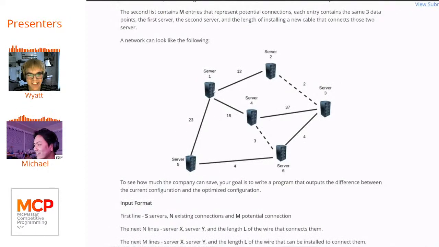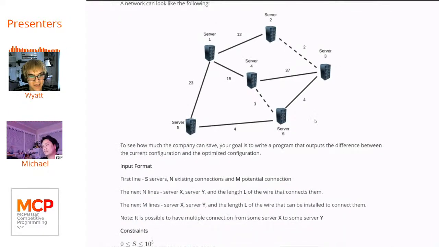Everything's connected, and we have this cycle here, right? So the goal of minimum spanning tree is to connect everything and minimize the length. But if we have this cycle, that means that some node is added more than once.